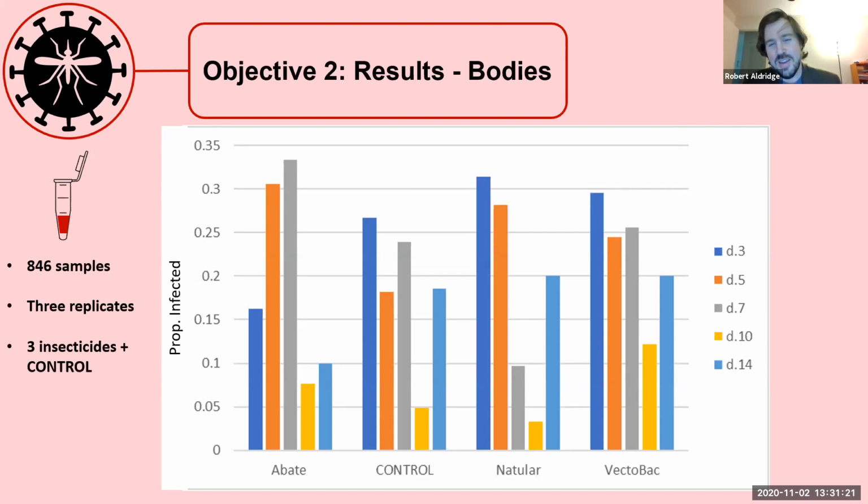Now, I've got some wonky results. I need to do a little closer investigation of some of the data. The abate has this expected increase in proportion infected.